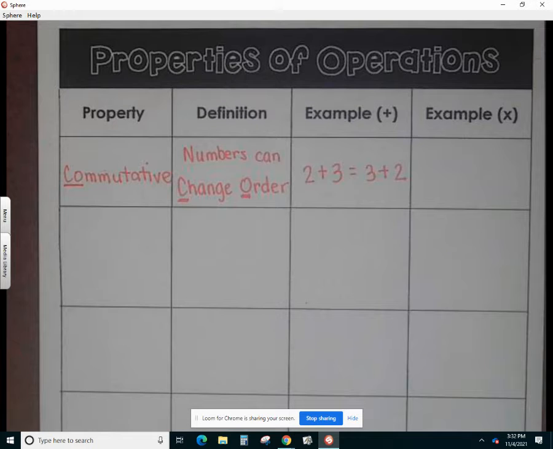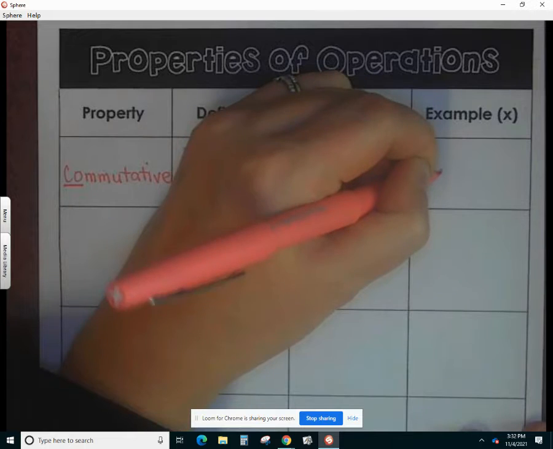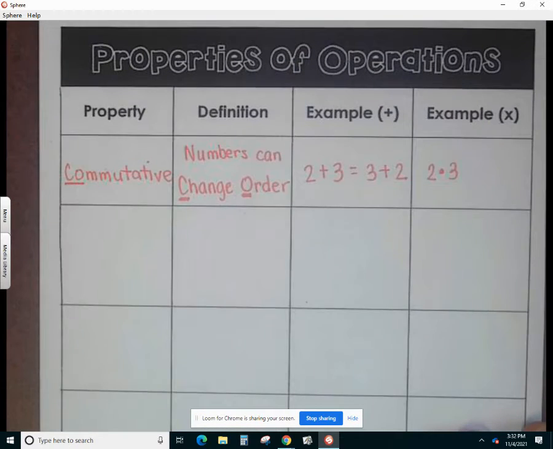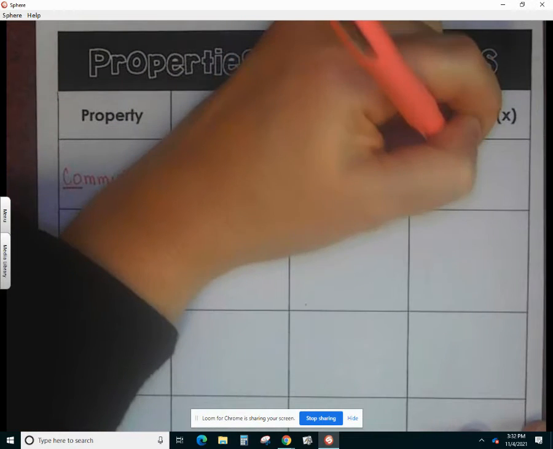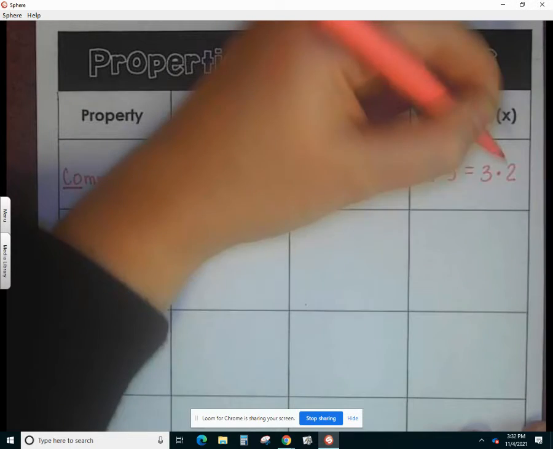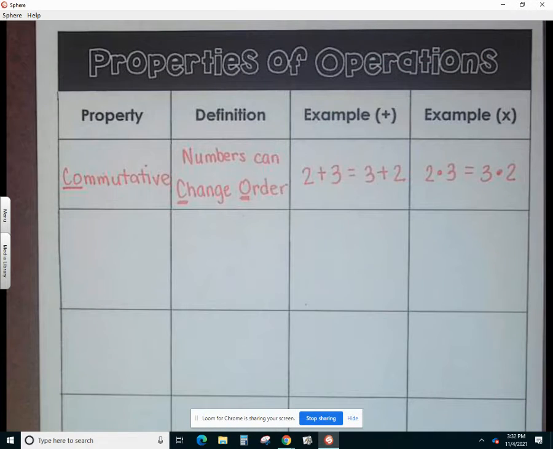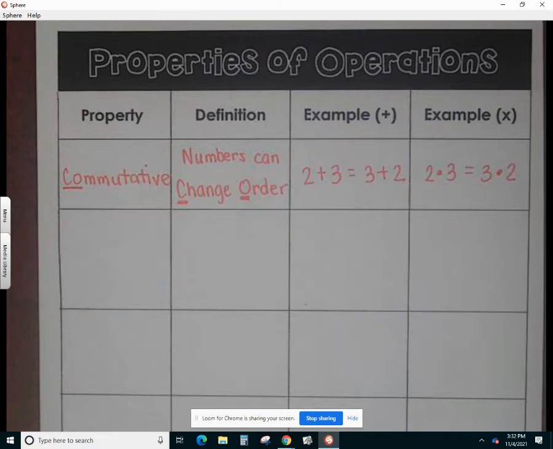So change order. Numbers can change order. And that same thing is true for multiplication. 2 times 3 gives me 6, but so does 3 times 2. So it doesn't matter what order I multiply in for addition or for multiplication. Now, subtraction and division, that does matter. You can't just switch around the order for those 2.